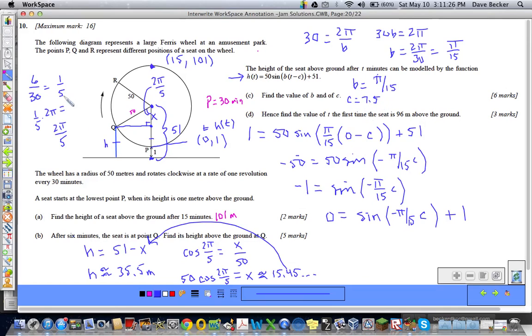Okay, so now let me get rid of all this. I'll just go in pink here. Hence, find the value of t the first time the seat is 96 meters above the ground.